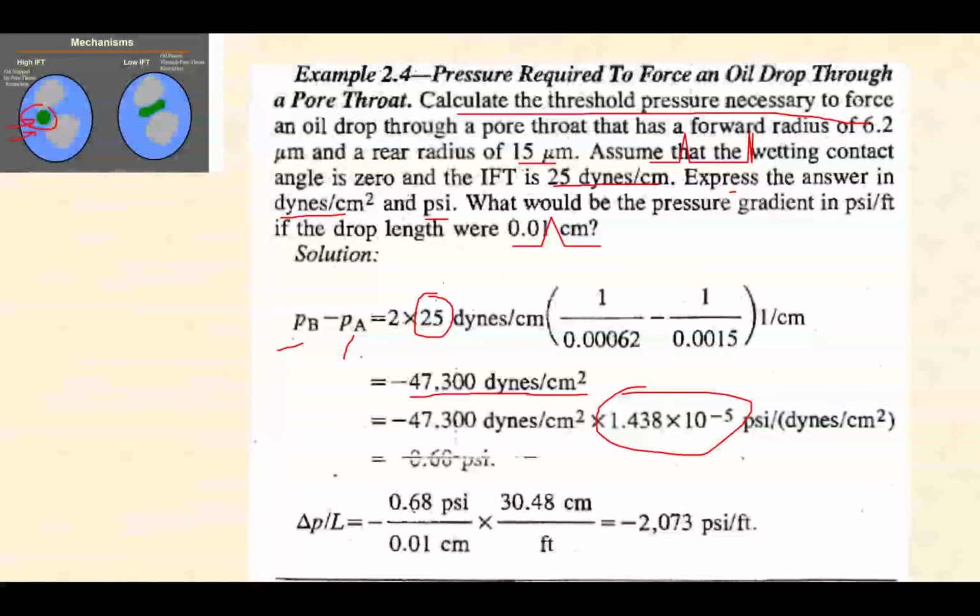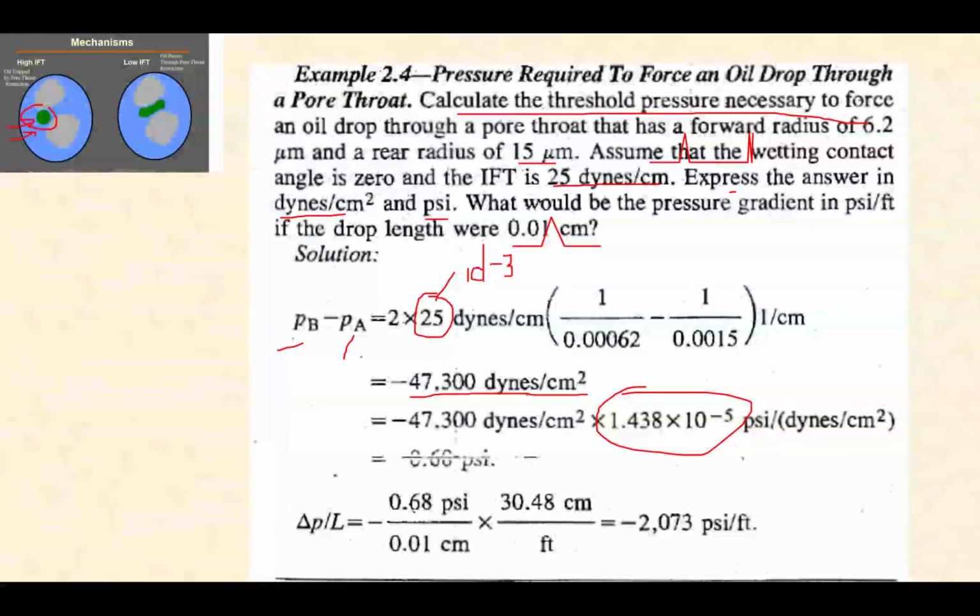Now, if you reduce the IFT value, you should know that you can reduce it into the 10 to the power minus 3 range. Then in that case, this threshold pressure will be much less.